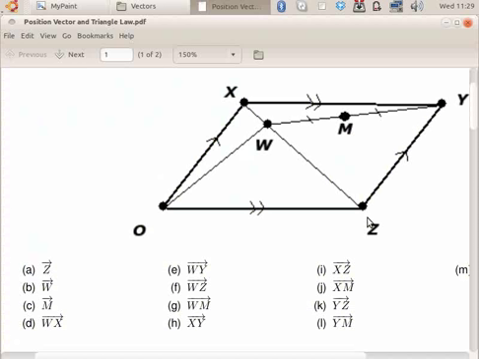I could say it's O to Z plus Z to W, or I could have said O to X plus X to Z. Does it matter which one? I think I'll choose the OX to XW because it immediately gives me an X which I would like. Although it doesn't matter.